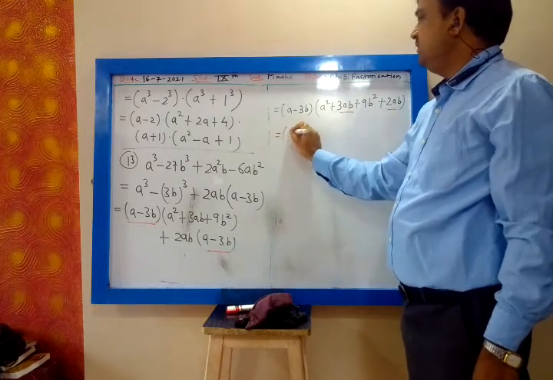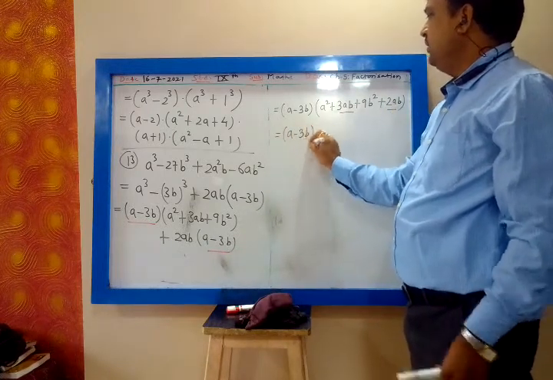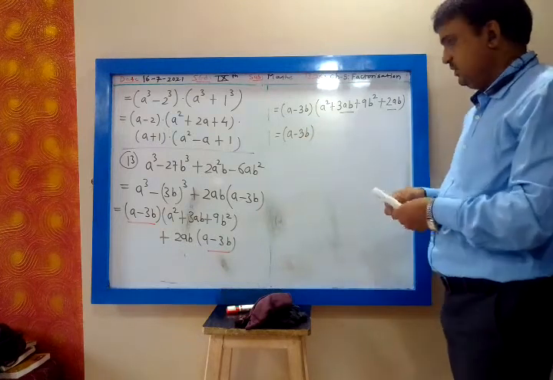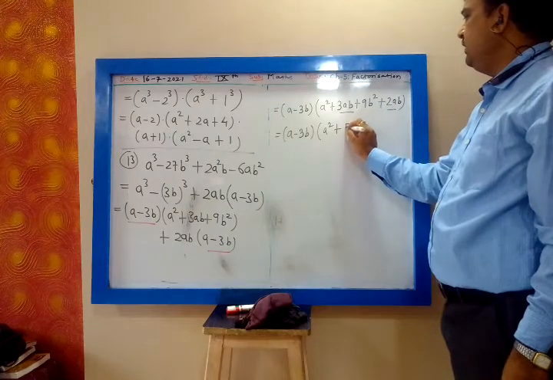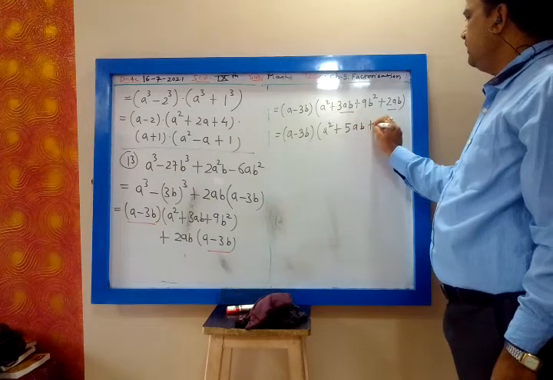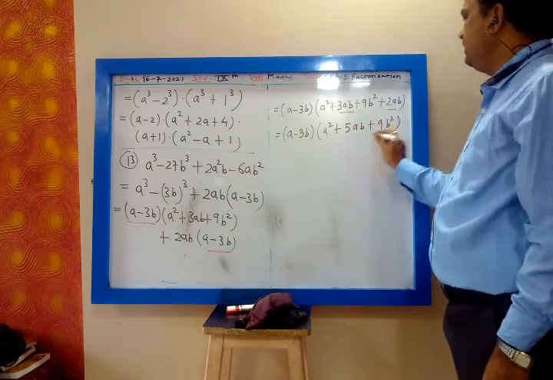So that is (a minus 3b) into (a square plus 3ab plus 2ab, 5ab, plus 9b square), and this is the answer.